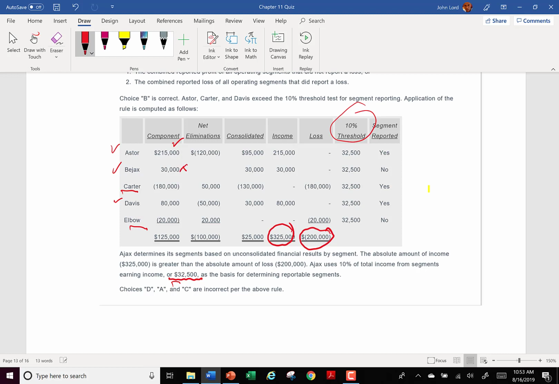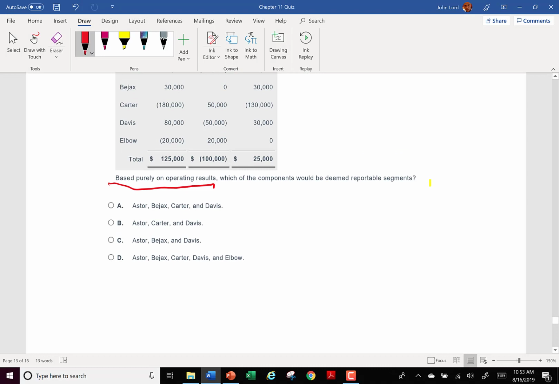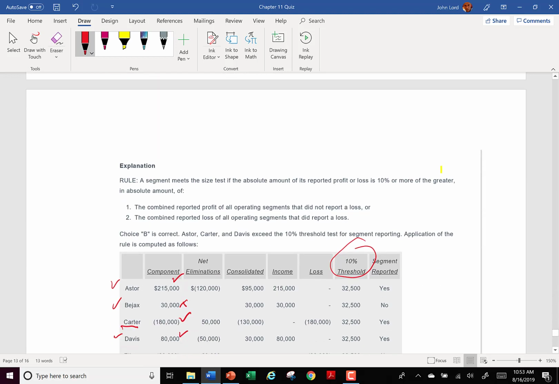Okay, Carter on an absolute value basis, even though the number is negative, is big enough, so we report that one. Davis, yes, but not Elbow. Okay, so it's Astor, Carter, and Davis are our segments. Okay, and that was the answer to the question. Astor, Carter, and Davis. So answer B would have been the correct answer here.